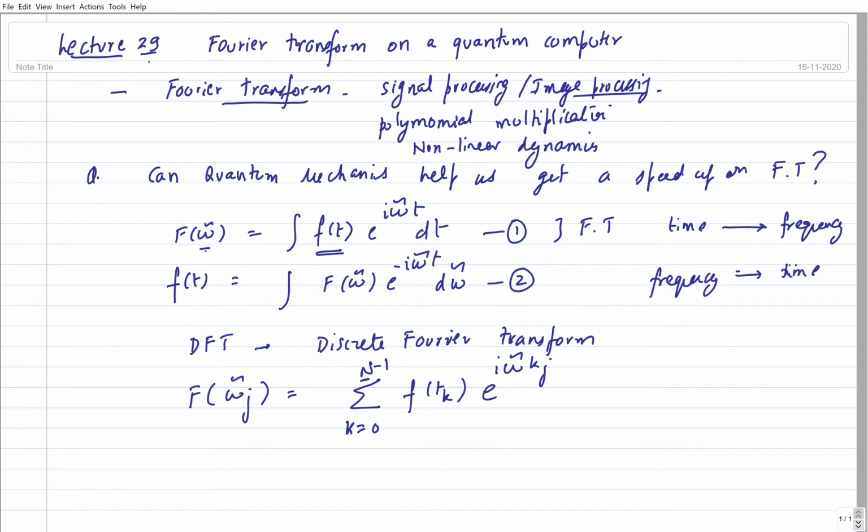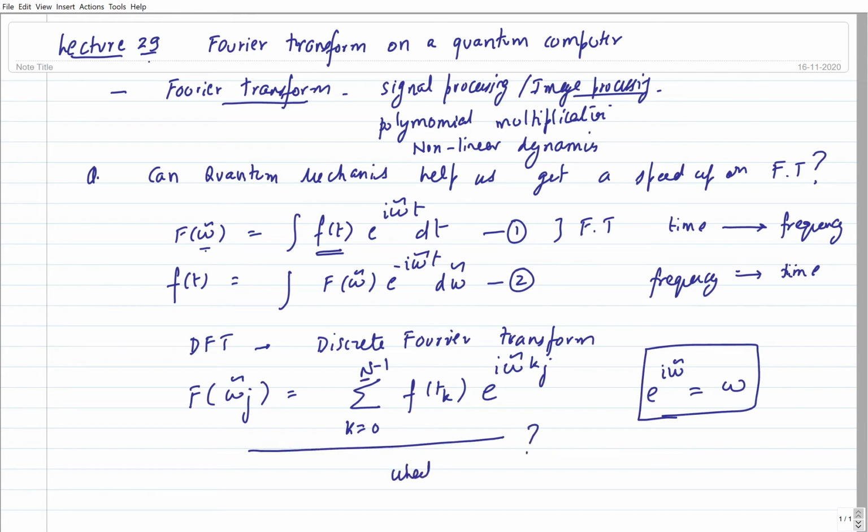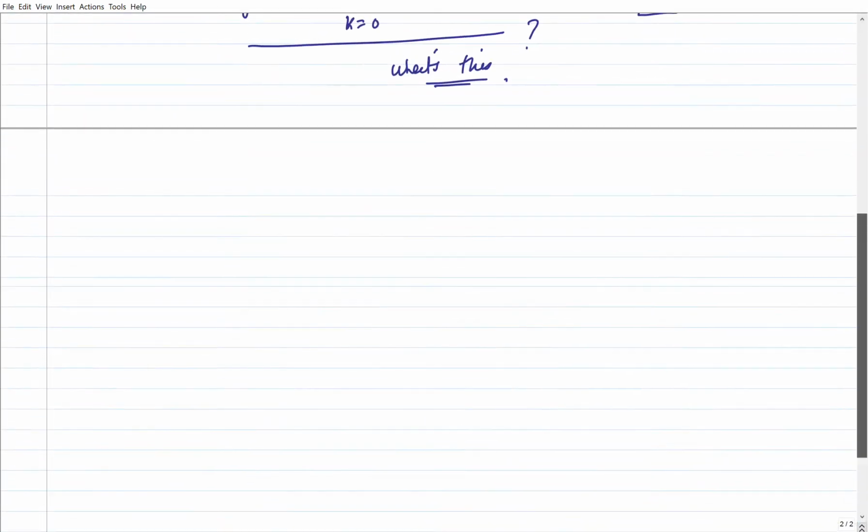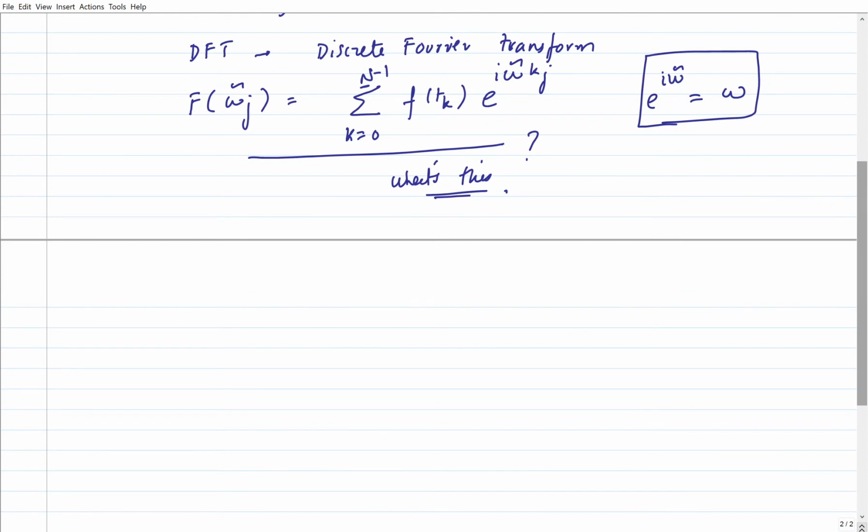So let me just define this quantity, the frequency, as omega. This is just my notation. So if you look at it, what is this? Well, this is just a matrix multiplication. So we'll write down the matrix explicitly.